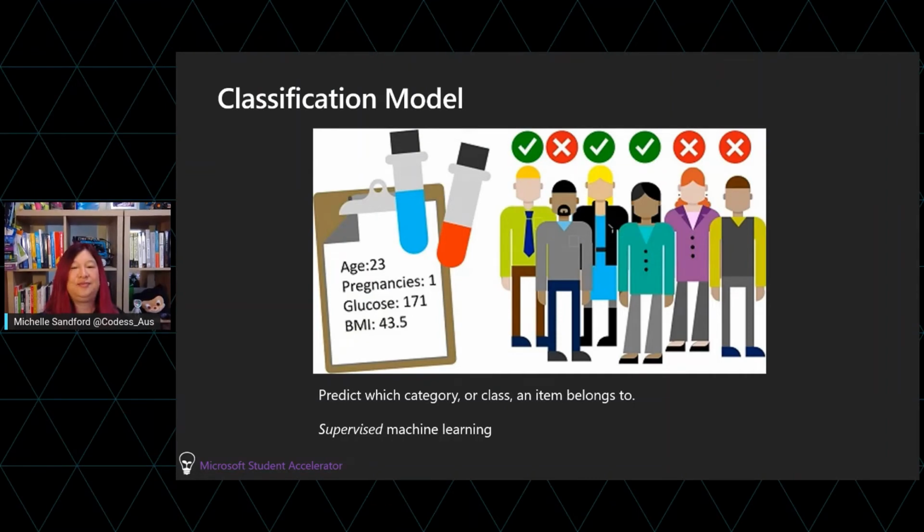So classification: check whether newly arrived emails contain spam, yes or no. Analyzing X-ray images to detect whether a person has pneumonia, yes or no. Is the object in the image a hot dog, yes or no? Is it A or is it B? But it can also be what type of bird is in the picture. So you could also have penguin, eagle, pigeon. That's multi-class classification.